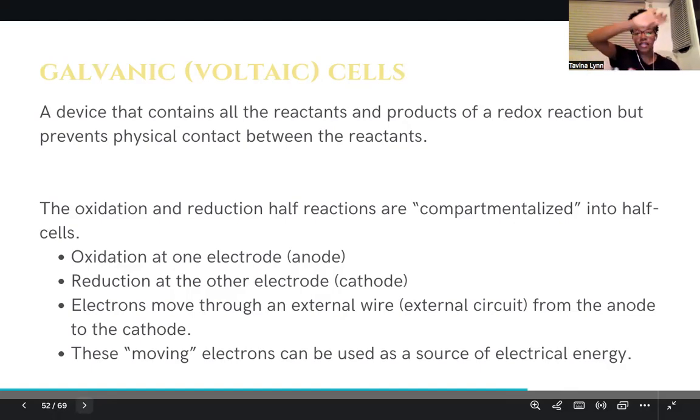Because these electrons are moving through this external circuit, they can be used as a source of electrical energy, which can then be converted into other forms of energy to carry out some type of work.